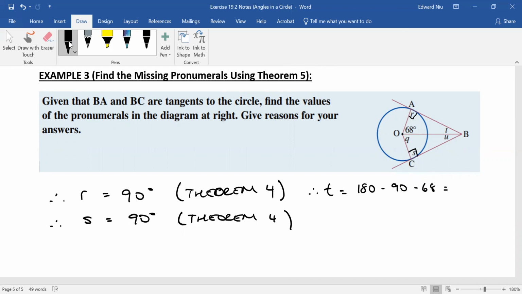So 90 plus 68 is 158. No, it's going to be 22. And so if T is 22 degrees, you can also assume U is going to be 22 degrees as well.